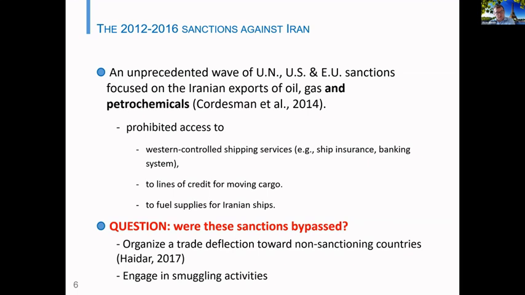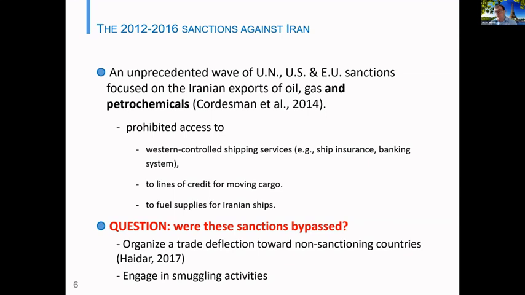This sanction typically prohibited the use of Western-controlled shipping or banking services. For Iran, it means that traders involved in the trade of Iranian petrochemicals were not allowed to use traditional shipping insurance provided by Lloyd's, for example.